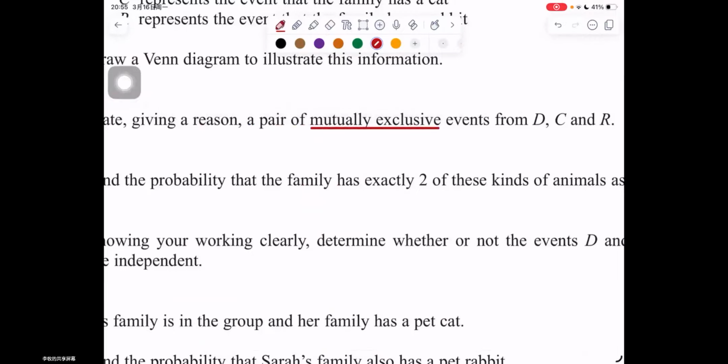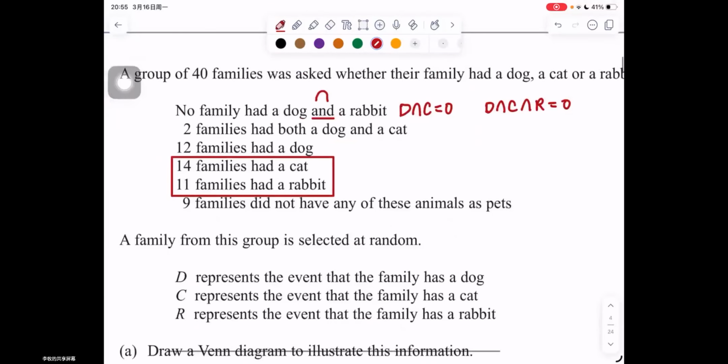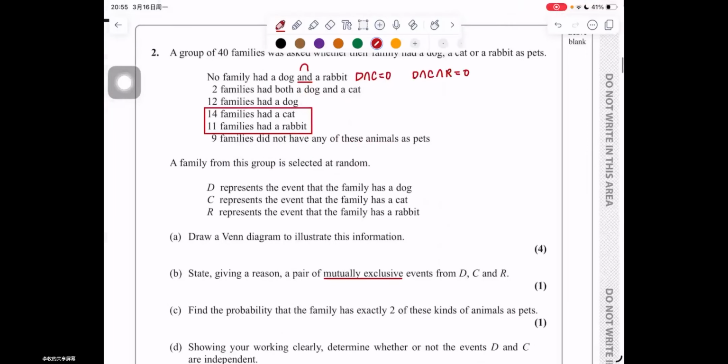If 2 events A and B are mutually exclusive, this means that they cannot happen at the same time. From the question, we know that no family had a dog and a rabbit. So having a dog and a rabbit cannot happen at the same time. This means that sets D and R are a pair of mutually exclusive events.